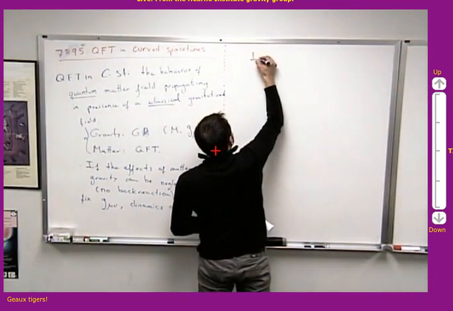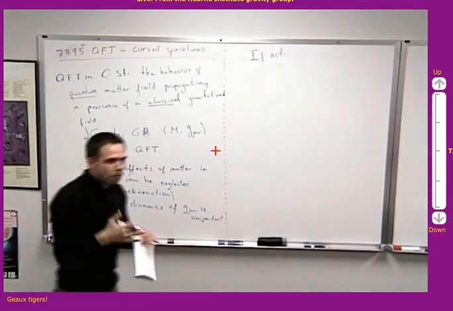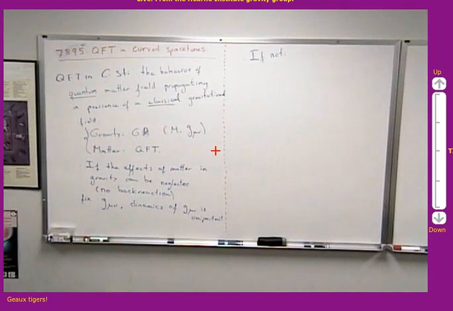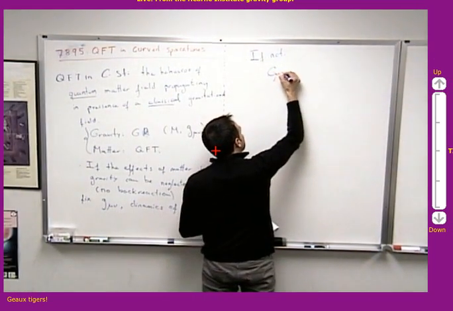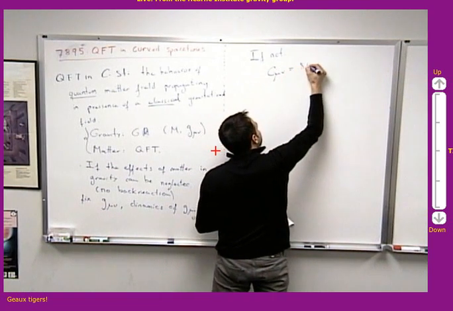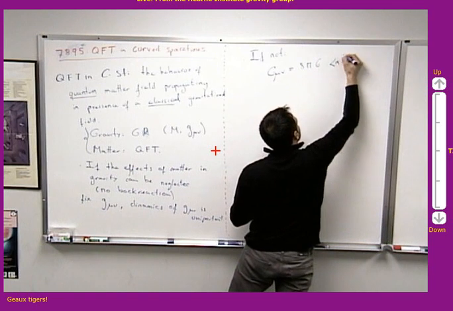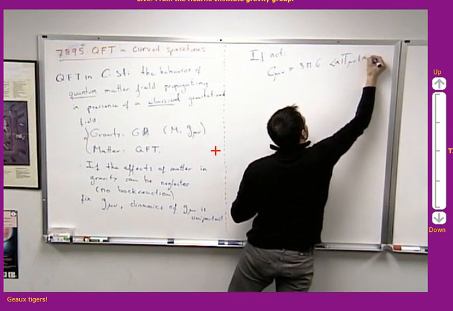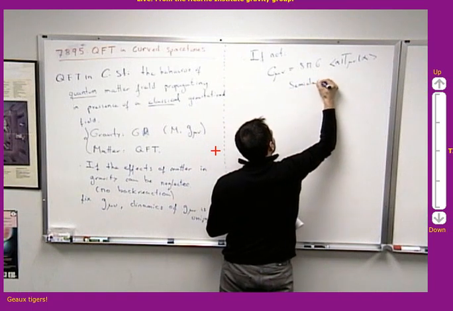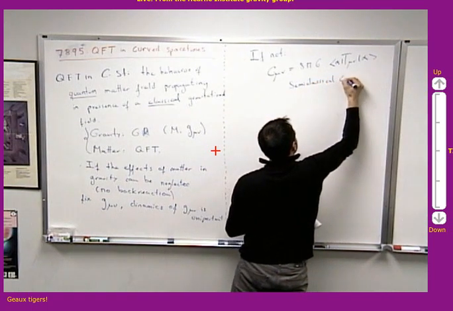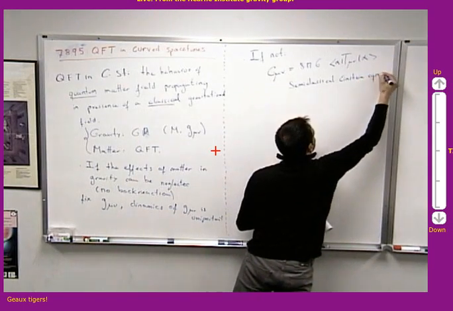If not, in circumstances in which the back reaction of matter on gravity is important, then the dynamics of gravity is important, and the dynamics of gravity will be given by what we call the semi-classical Einstein equation.